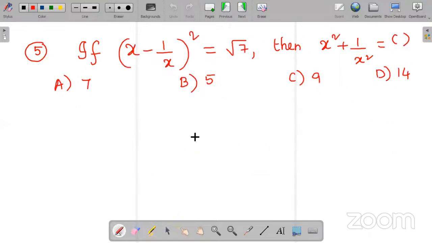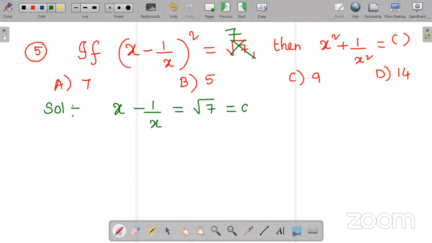Fifth question. Now all of you concentrate on the fifth question. What is your answer? Right, my dear students, you remember here x minus 1 by x whole square is equal to, sorry, this is not root 7, it is 7. So x minus 1 by x is equal to root 7.